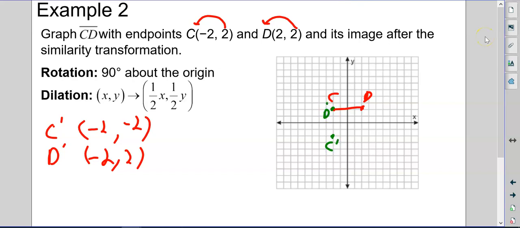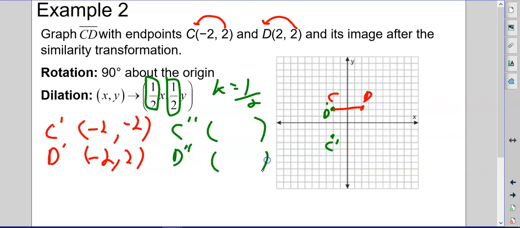Now, let's identify my scale factor. K is 1/2. So I'm going to multiply everything to get my double prime points by 1/2. So half of negative 2 is negative 1, and half of positive 2 is positive 1.